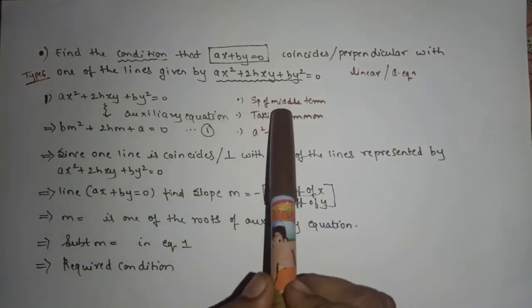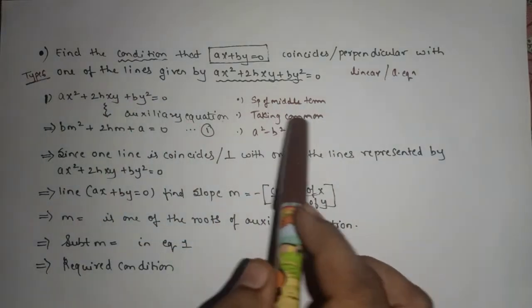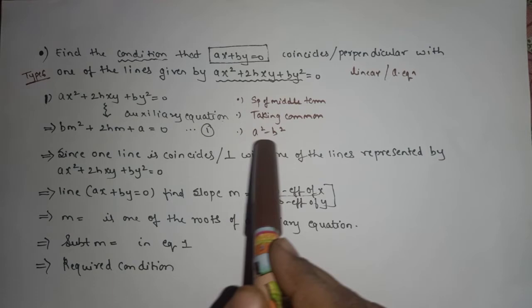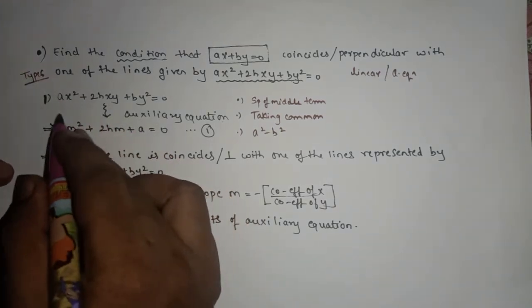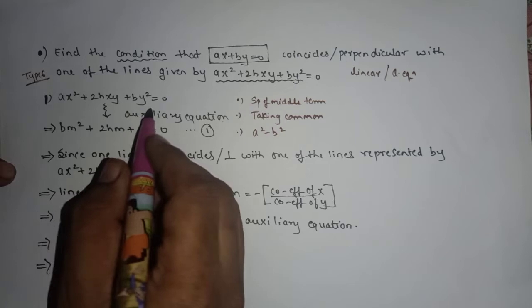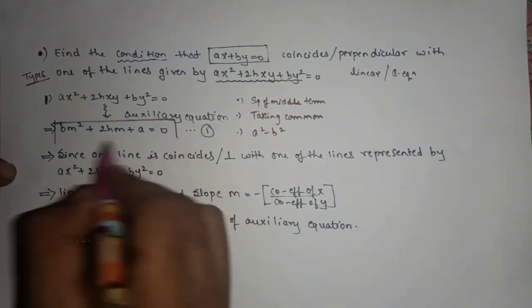When we cannot split the middle term, meaning we cannot factorize the quadratic equation, taking common is not possible, and we cannot apply a square minus b square, straight away we have to convert the given quadratic equation into auxiliary equation. As we all know how to convert a given equation into the corresponding auxiliary equation, yes or no?